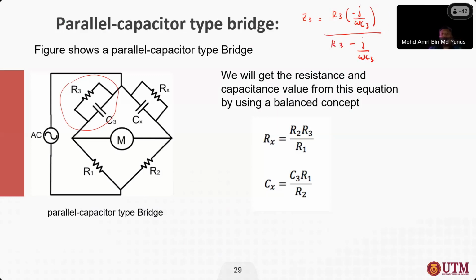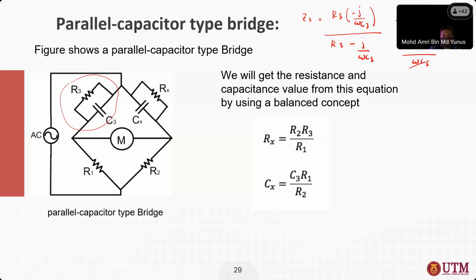So that is equivalent to negative R3 over omega C3 divided by R3 minus j over omega C3.